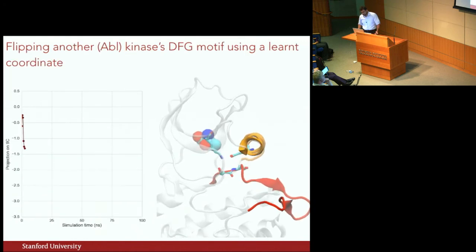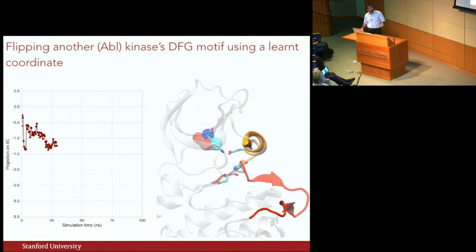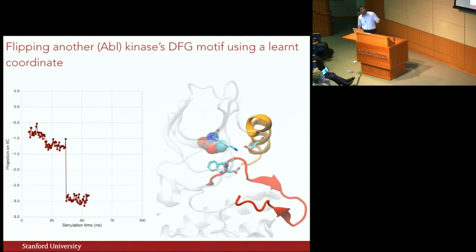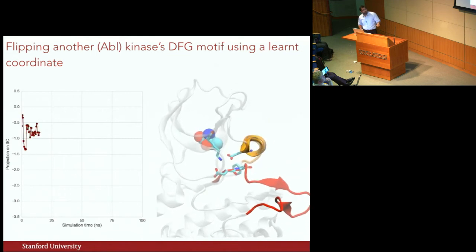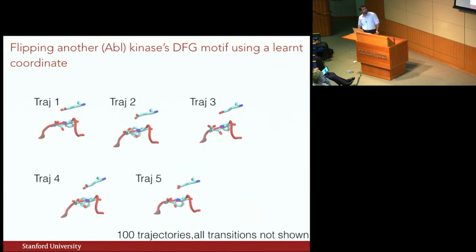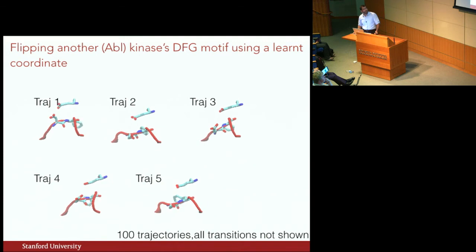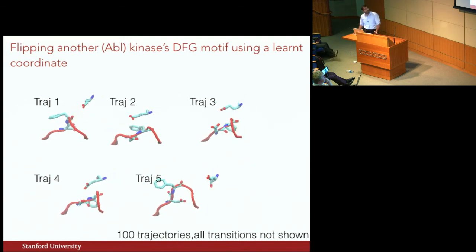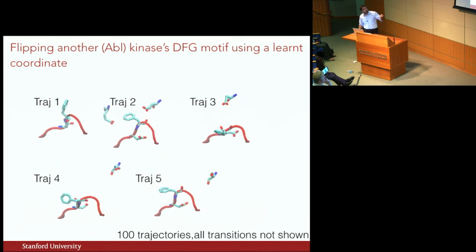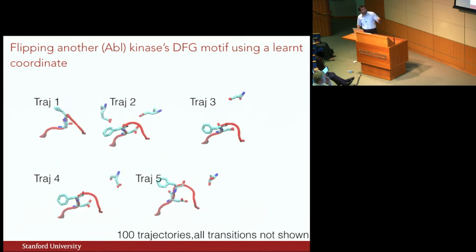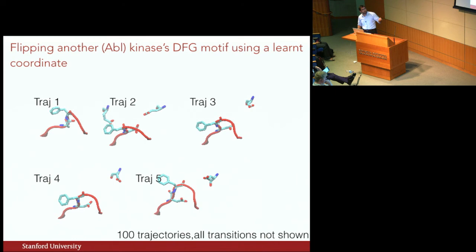And what that allows you to do, for example, is transfer the DFG flipping coordinate from one sequence to another, and it goes through a different pathway. But more importantly, not only can you do this one time, you can do this many, many times across many different pathways. If you look at these trajectories, I tried to do simpler representations, but they all go through different pathways, yet they all end up in similar DFG-out state regions.